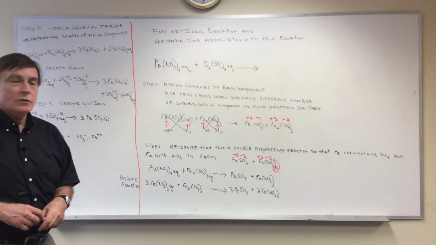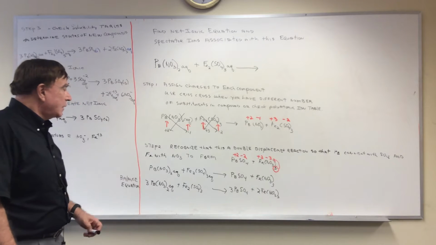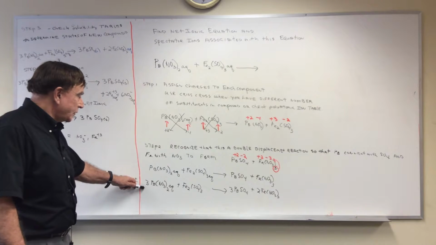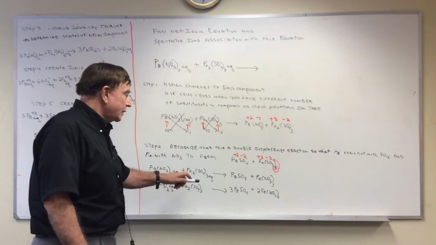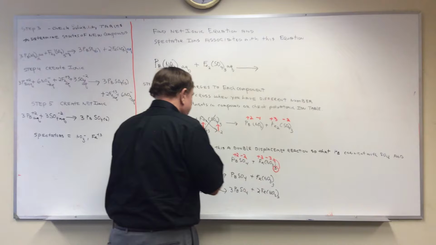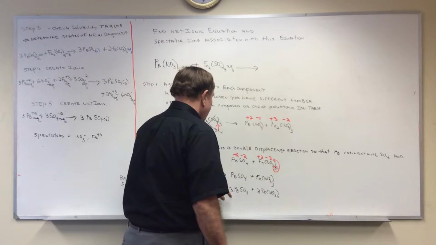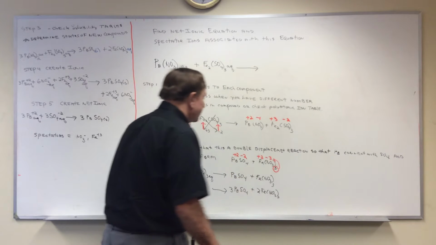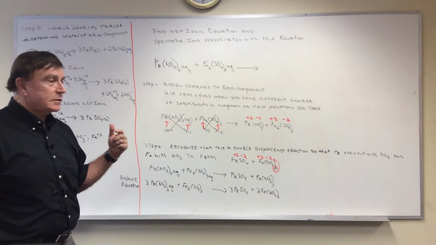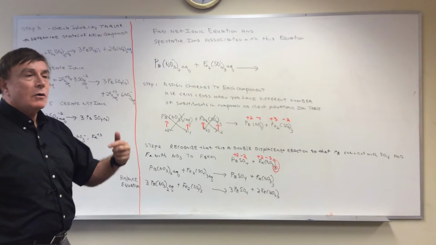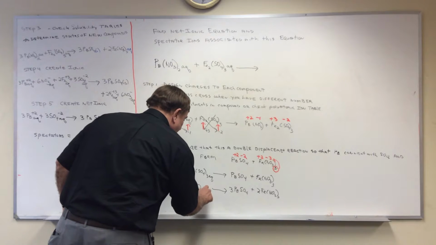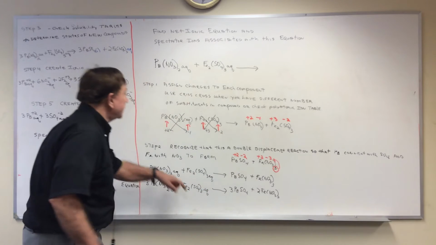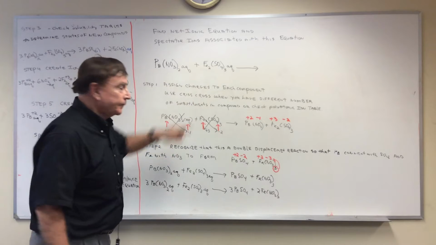We all know how to balance equations, so I'll just get to the final answer, which is going to be 3Pb(NO3)2 aqueous. And this, again, we are not sure what this is. We have to determine whether this is going to be solid or aqueous. So over here we know it's aqueous because that's given in the problem.